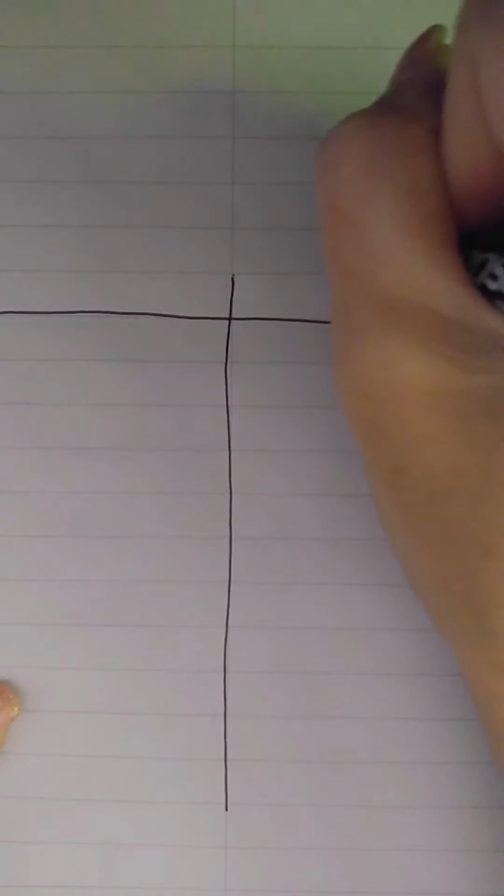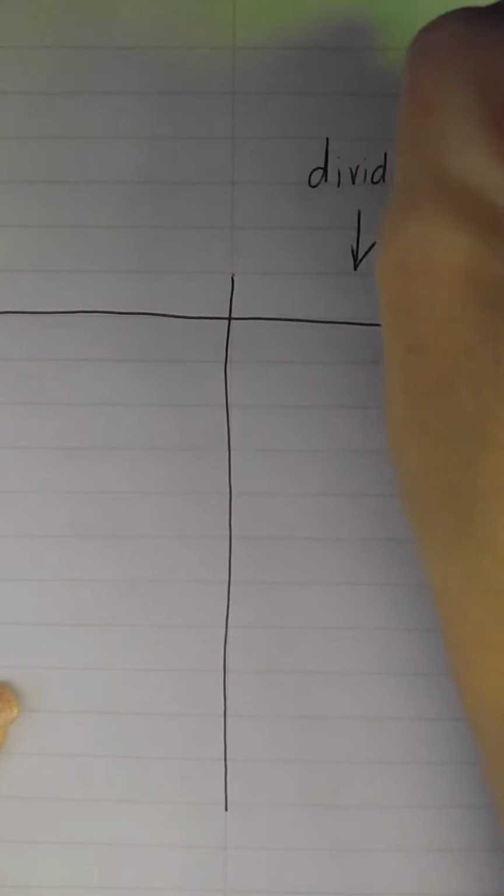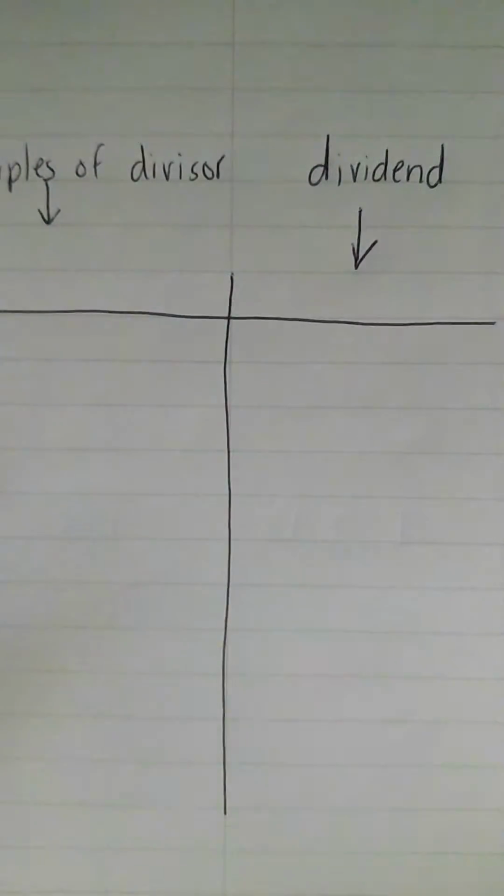And on my T-chart, let me place that in the middle there, my dividend goes here. Dividend is the total number you're separating, and then multiples of my divisor go on this side.